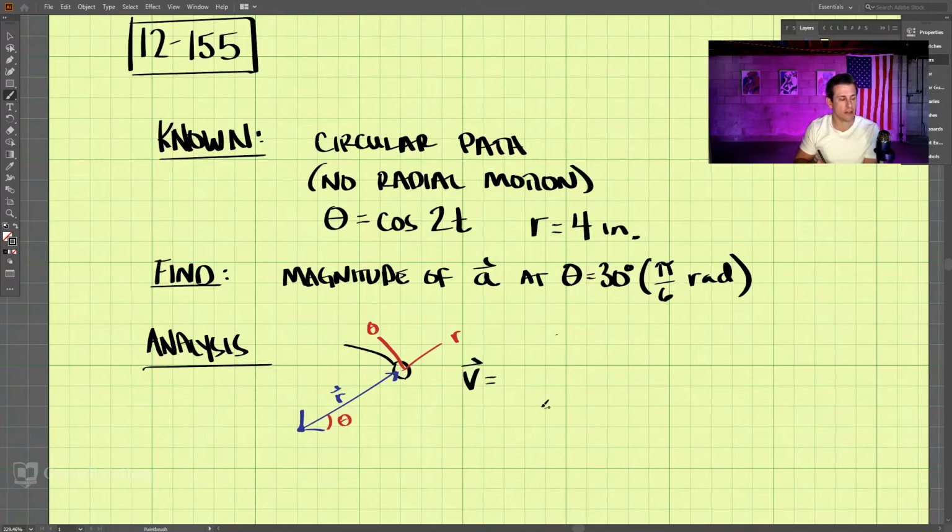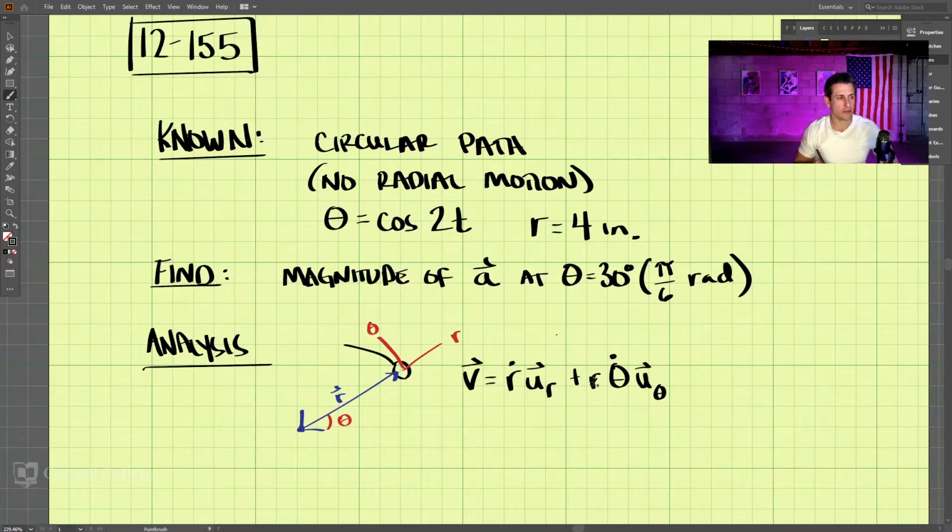So we're given the velocity vector in this system here, where the velocity vector is r dot in the radial direction, and then we're also given r theta dot in the transverse direction. All right. So what does this mean? Well, in the radial direction, it's r dot. It's just the time rate of change of how that radius is either expanding or contracting.